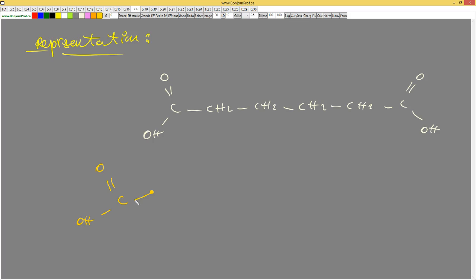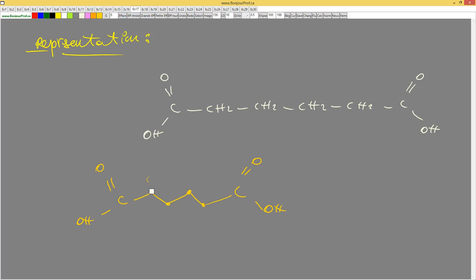How many carbons do I have? 1, 2, 3, 4, 5, 6. The 6 has the function, so I'm going to put OH. And when I see an angle, I know it is a carbon with the necessary hydrogens. How many hydrogens do I need here? I need 2. So this is the representation.